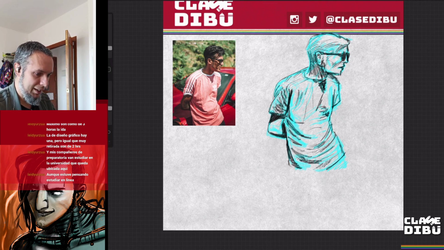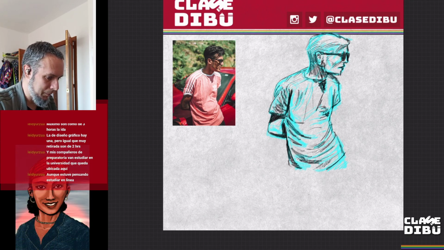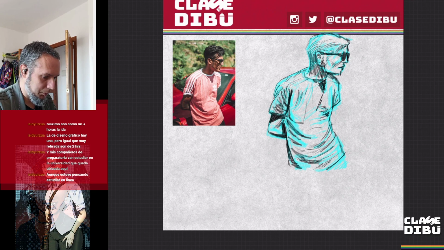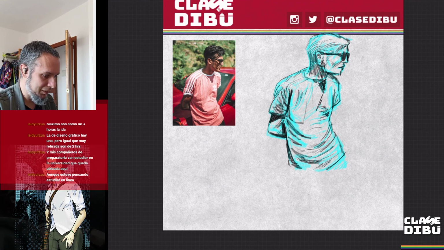Y me rayé y dije, mira, pues me voy para otro lado. Estudié cinematografía, estudié imagen. Y después, al cabo del tiempo, volví al mundo artístico. Vamos, artístico de dibujar.